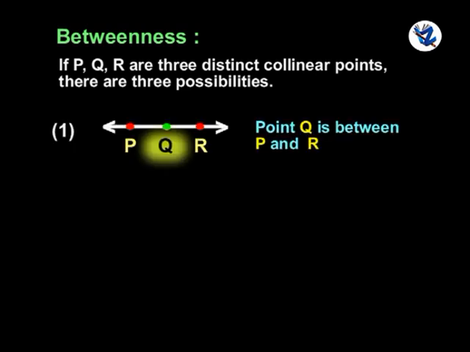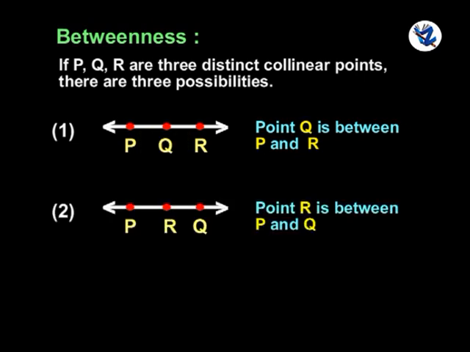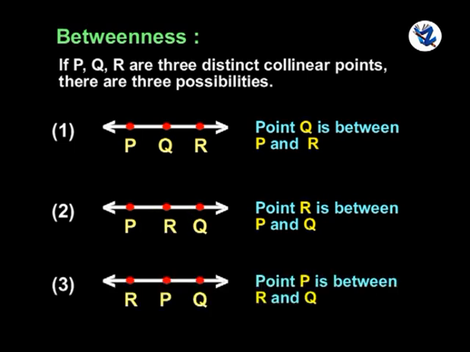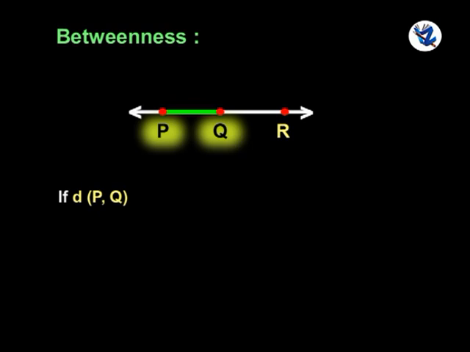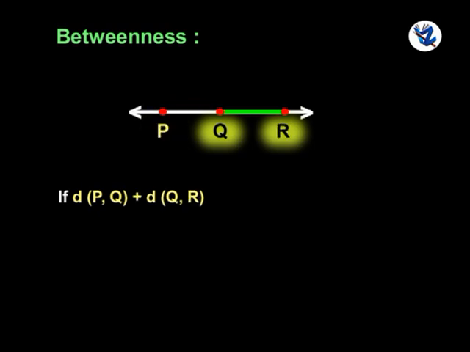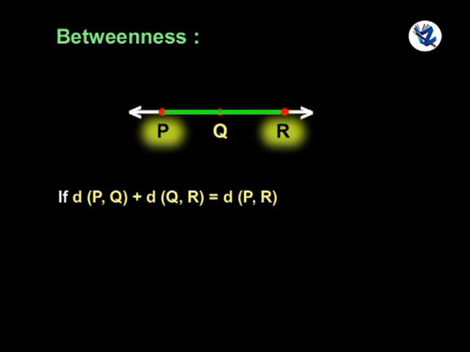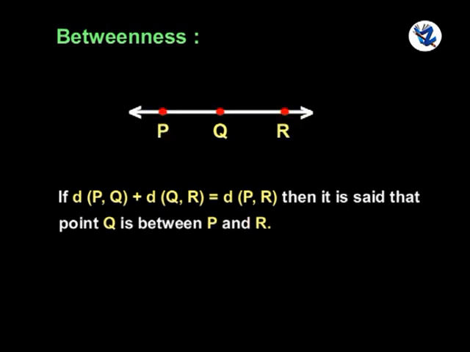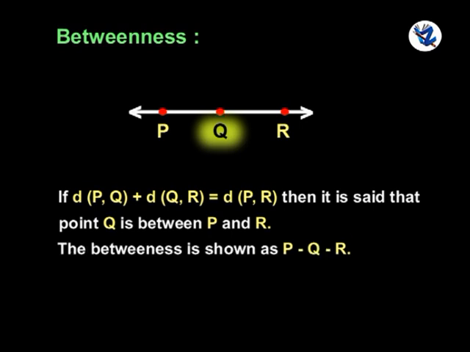Point Q is between P and R. Second possibility, point R is between P and Q. And the third possibility, point P is between R and Q. If distance PQ plus distance QR is equal to distance PR, then it is said that point Q is between P and R. The betweenness is shown as P-Q-R.